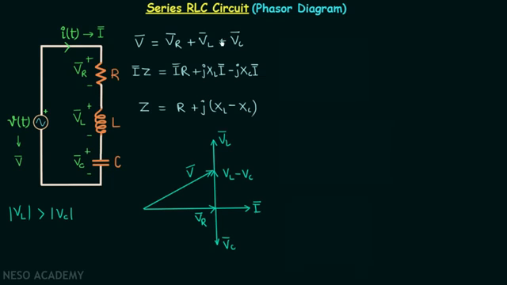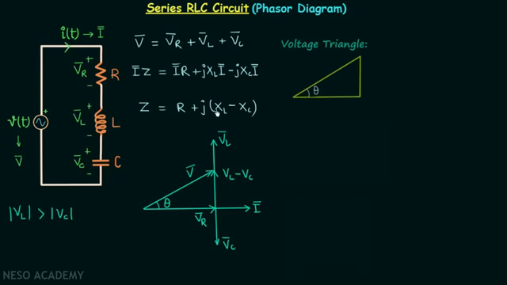Because VL phasor plus VC phasor will be this vector, and VR phasor is this vector, and their sum is giving us V phasor. So the vector sum of this vector and this vector will give us this vector. The angle between the net voltage phasor and the net current phasor is the power factor angle theta. So this is how the phasor diagram of a series RLC circuit will look.